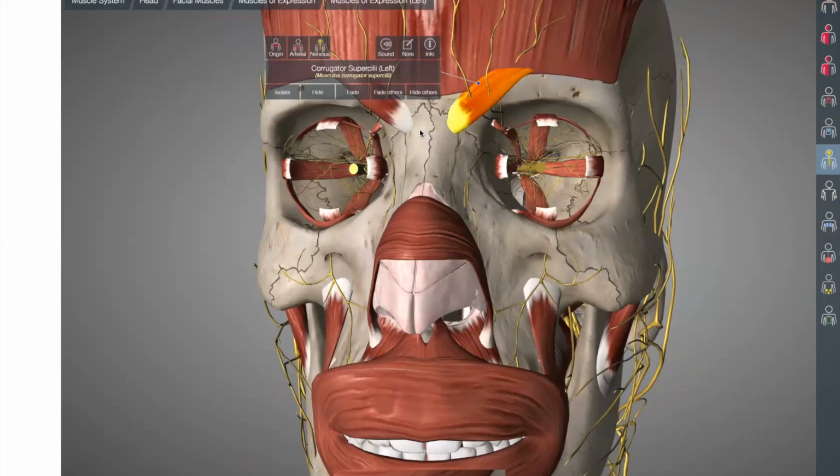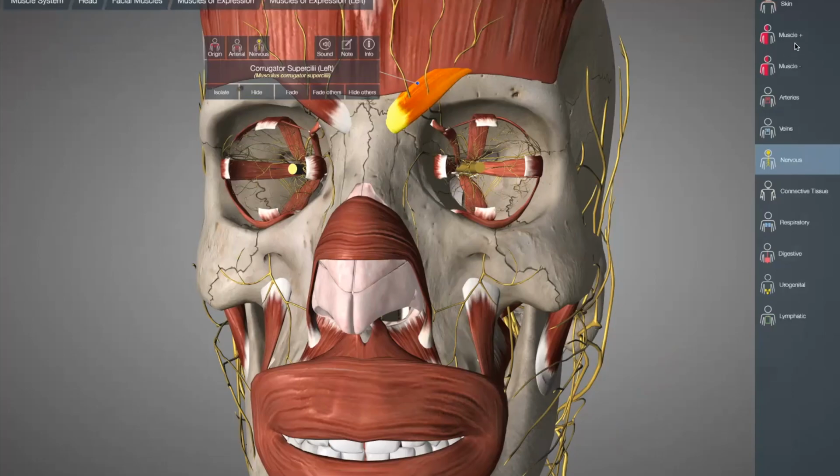This is the function of corrugator supercilii. Corrugator supercilii is a much smaller muscle and is located posteriorly to the orbicularis oculi.